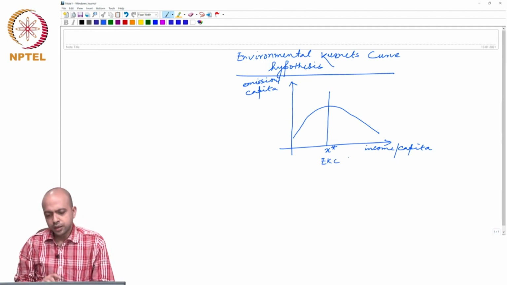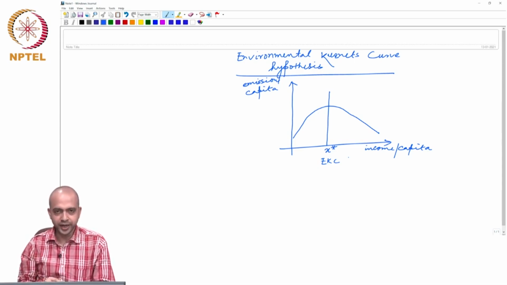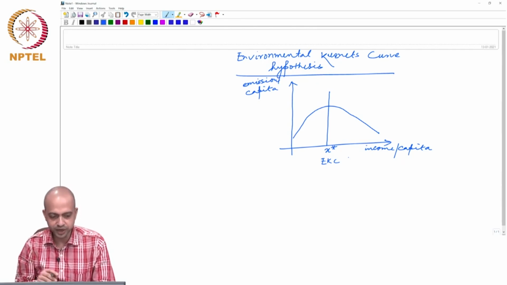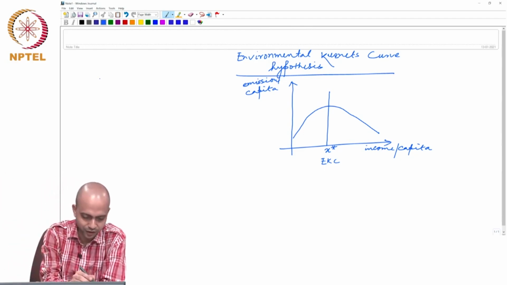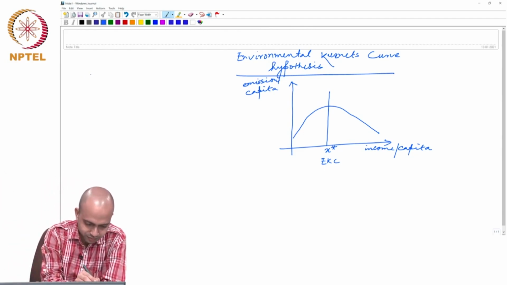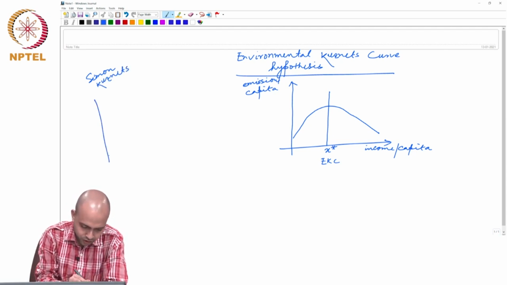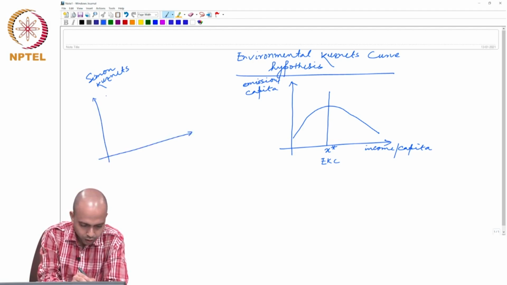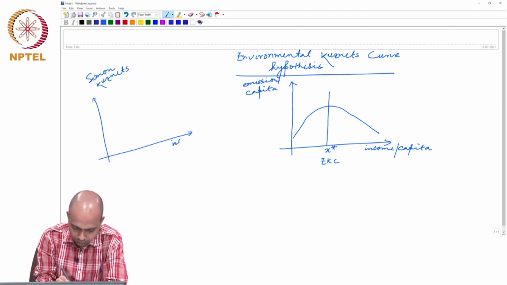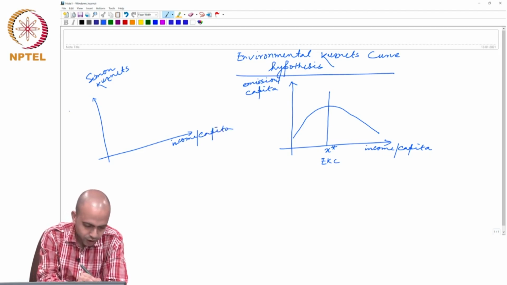Why is it called the environmental Kuznets curve? Because this type of relationship was first hypothesized by Simon Kuznets, but in a different context. What he hypothesized was a relationship between income per capita and inequality.